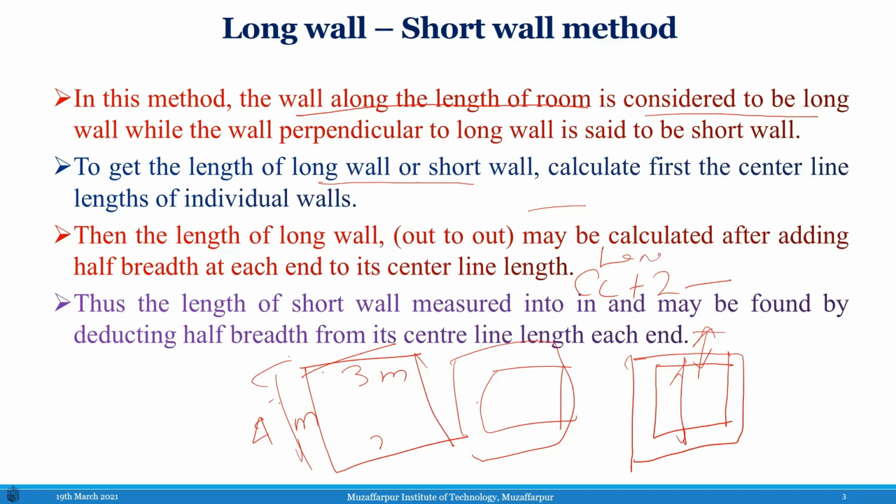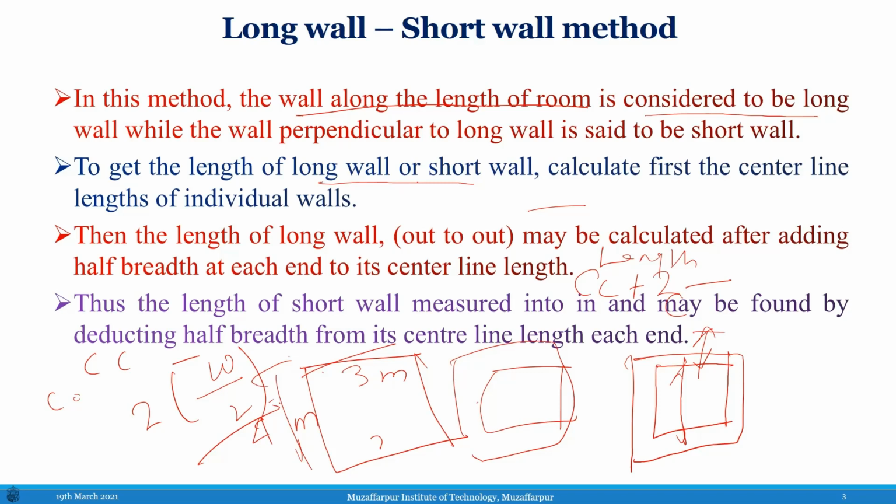Then the length of the short wall will be the center to center distance minus 2 times half of the width of the particular component in consideration. So that is the whole definition of it.